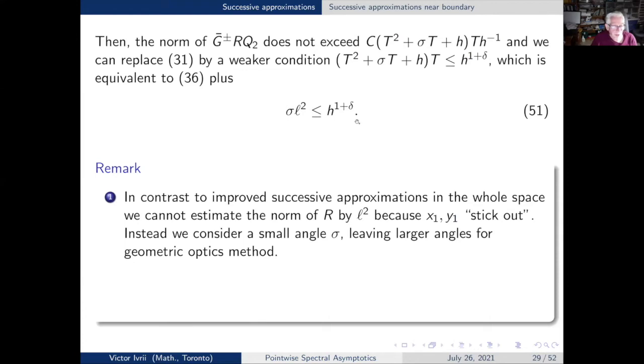So when L is less than h to the 1/3, and also this condition holds, so the ray is not too steep with respect to the boundary, we can do successive approximations.